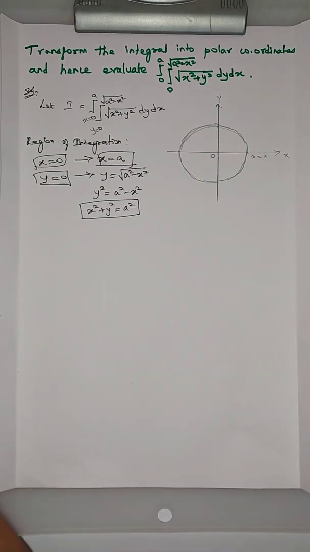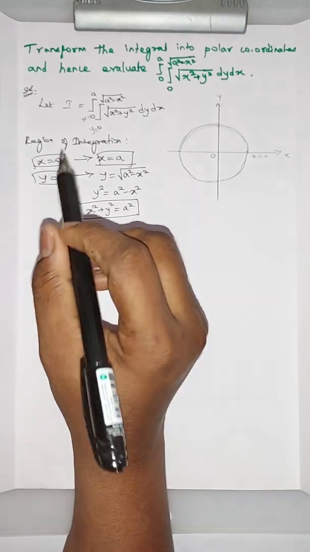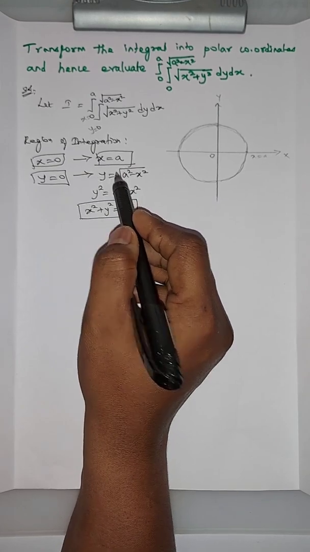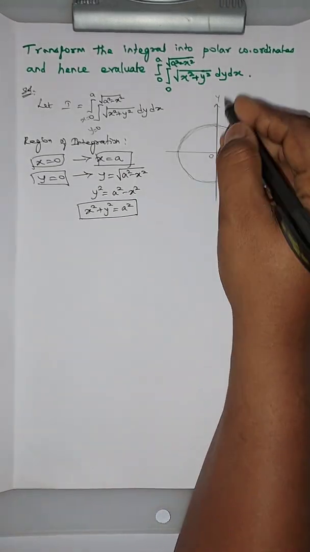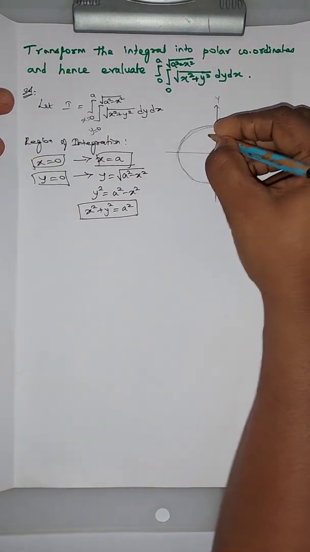Right. Now the overall region is bounded by x is equal to 0 to x is equal to a. We know that x is equal to 0 is nothing but the y axis. So on the y axis, it is x is equal to 0.